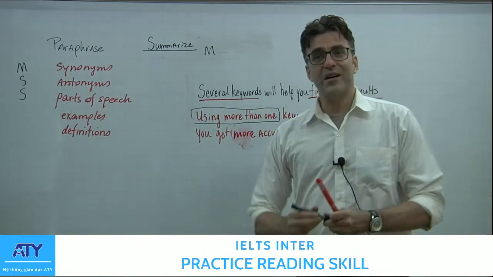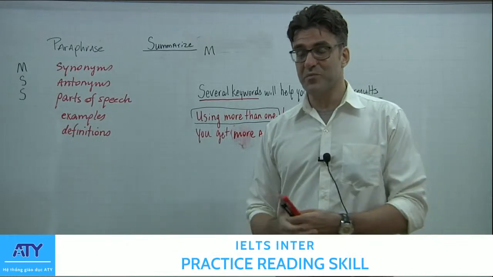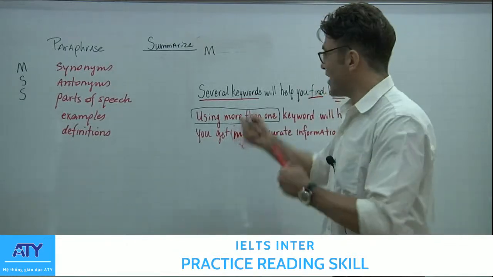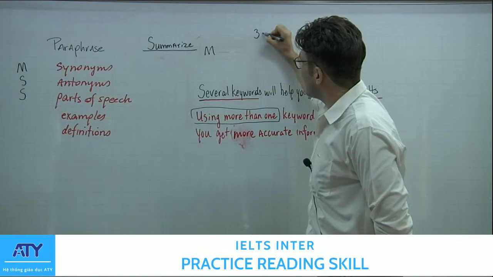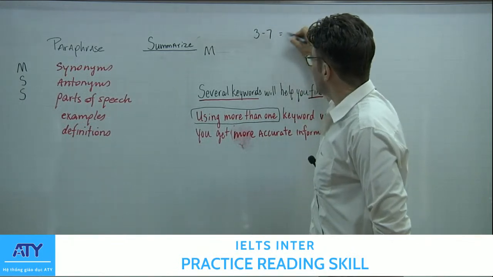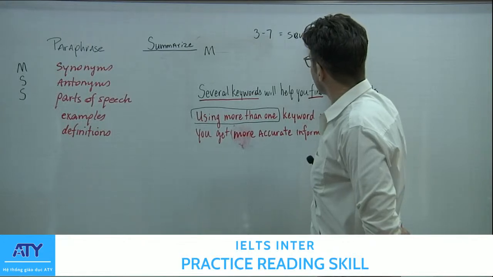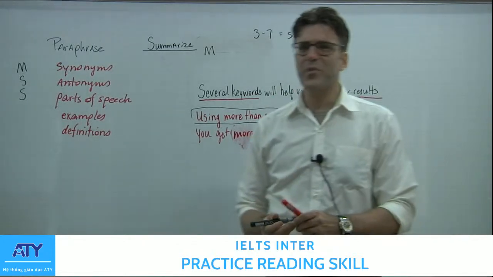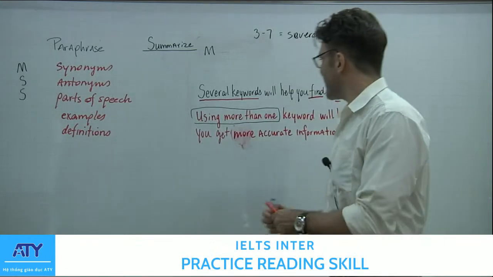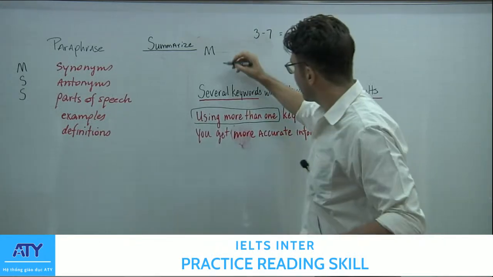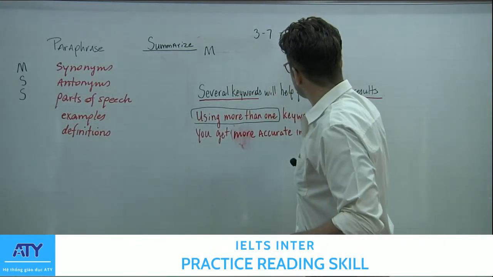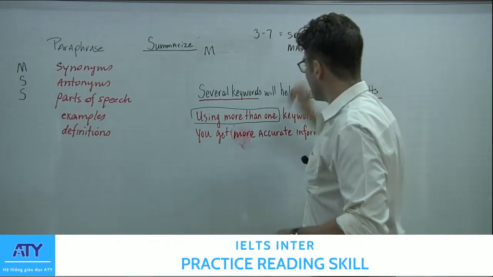Instead of several, a synonym is more than one. In fact, I was taught in school that several is equal to between 3 and 7. So if I just say more than one, or using many, I could say many. We can also use also many.